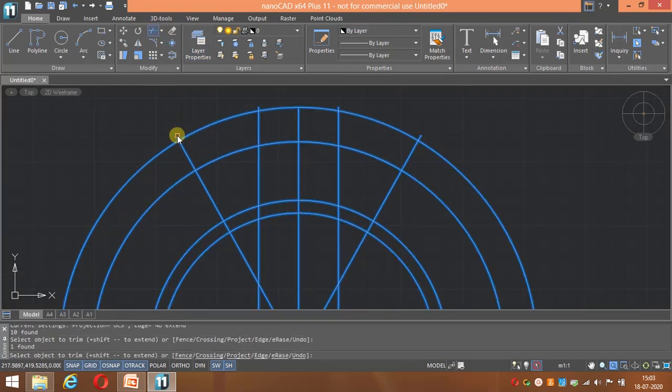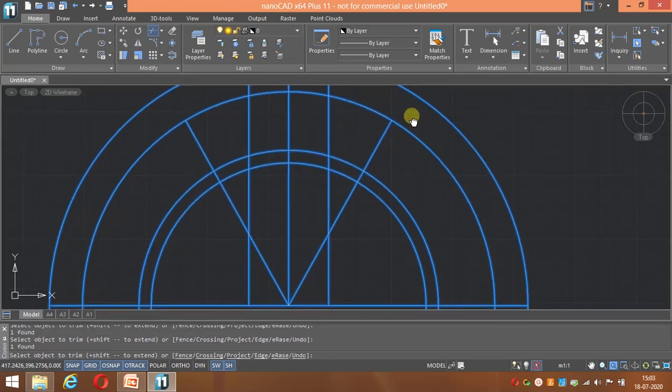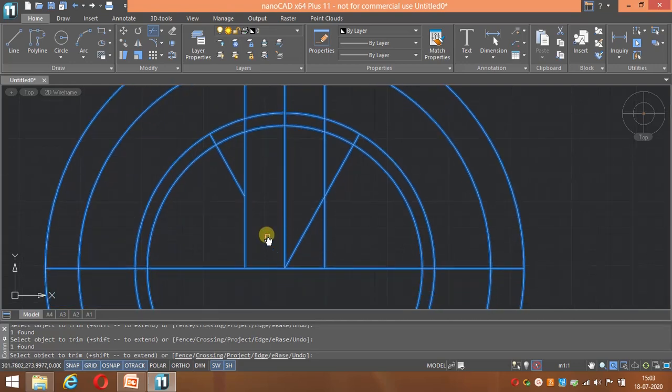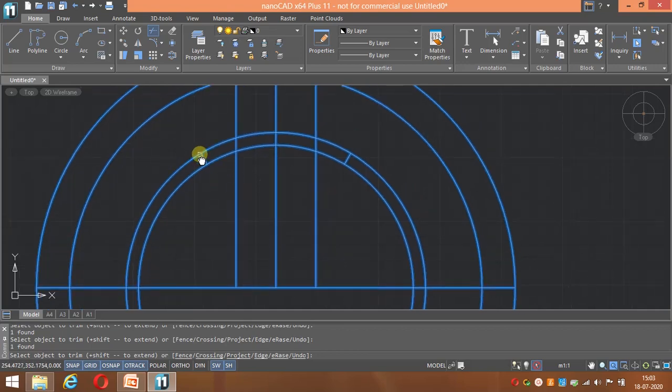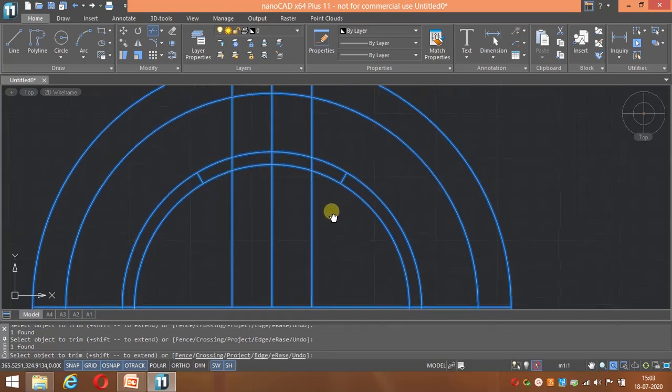I don't want these lines. This is the yoke portion, so there should be no lines between the yoke. So I don't want the inclined line here also. Okay, this is the pole shoe width from here to here.